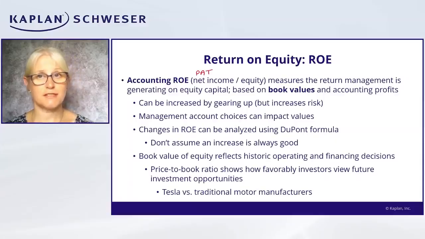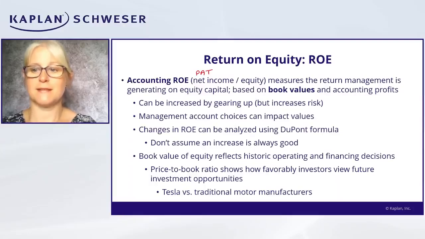And after any preference dividends, even if there's any of them floating around, most companies don't have preference shares, but they exist. So the accounting return on equity looks at the bit of interest to the shareholders from the P&L, which is the bottom line, after everyone else has been paid, because that's where shareholders live, over equity.